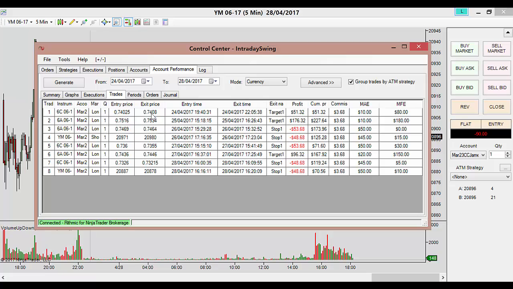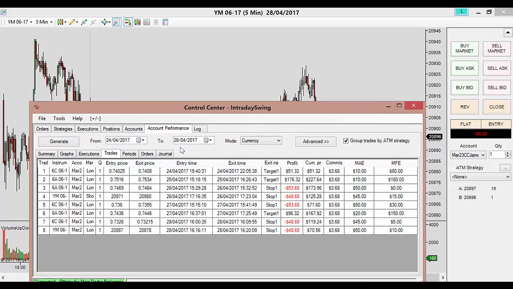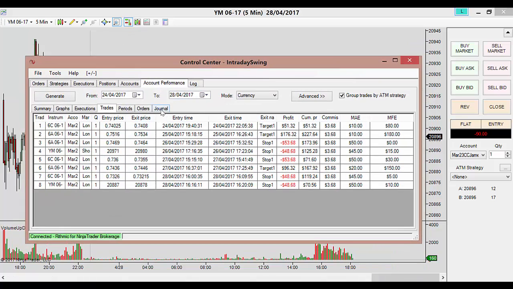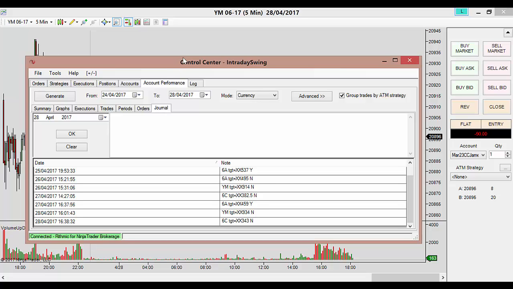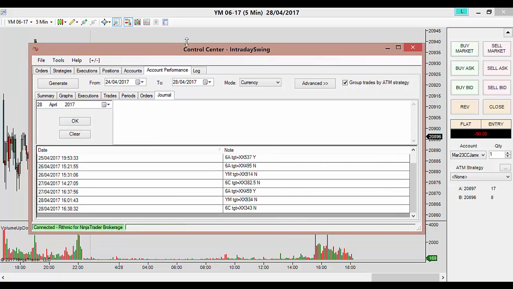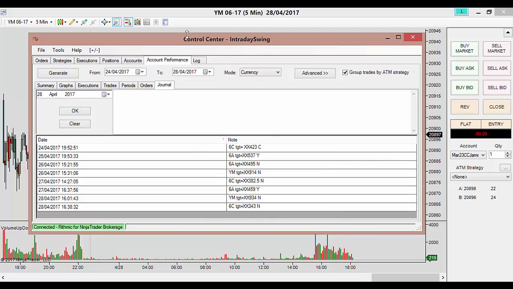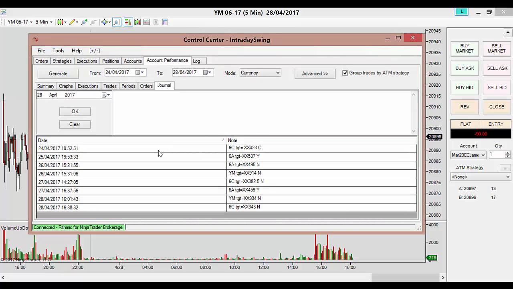And then in the journal, in the attempt to improve my exits, I'm keeping a log of what my targets were at the time of putting on the trade, and I'll take you through this little code here, what these letters mean.